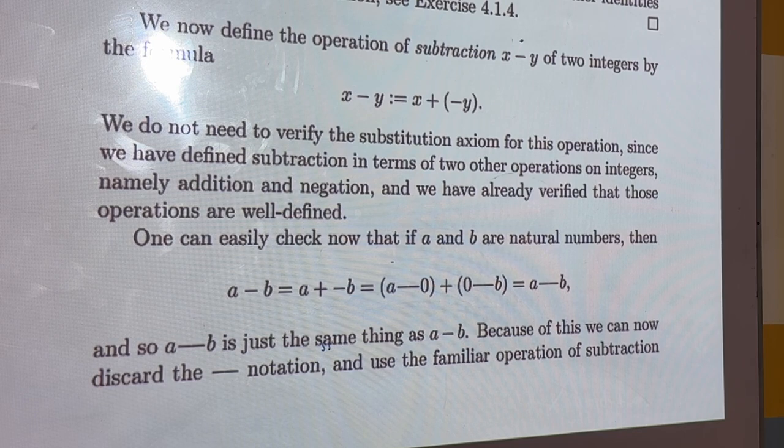Then it is A plus minus B. However, since we know that A is a natural number, A is A minus 0 by this identification, and minus B is 0 minus B. But that is A minus B, A long dash minus B. Are you happy? I am not.